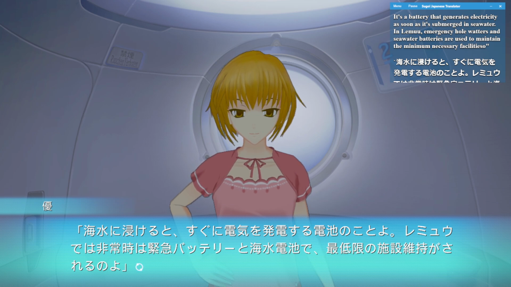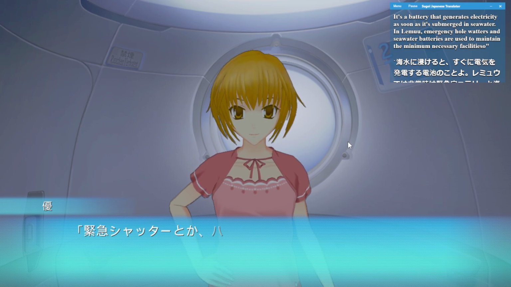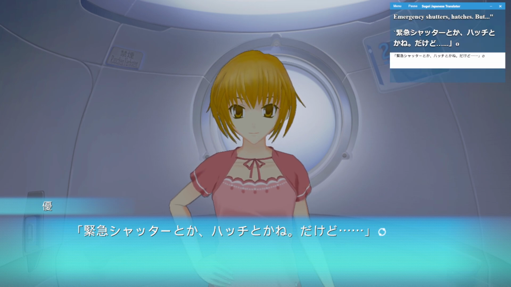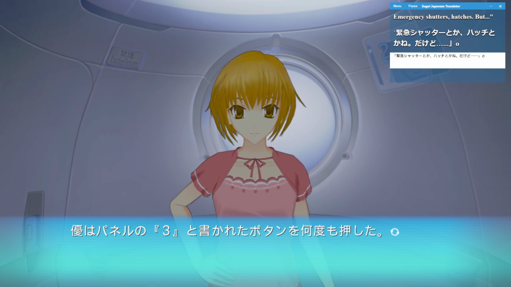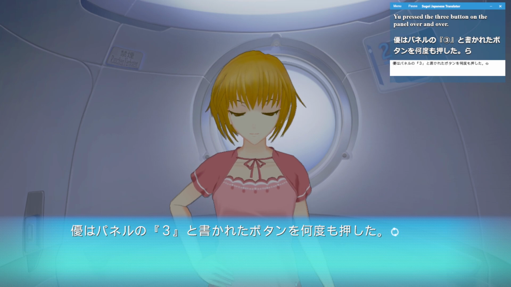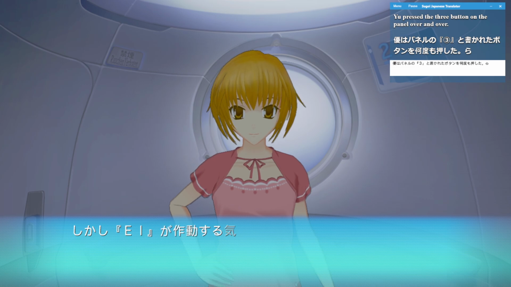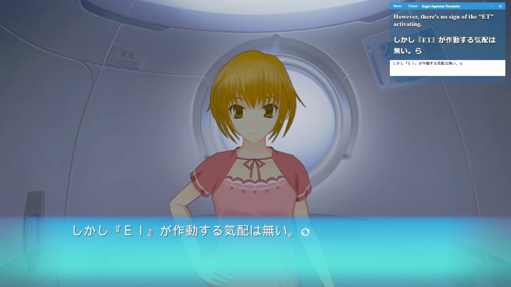Okay, in the event of an emergency in Lemieux. Emergency shutters, hatches, but you press the 3 button on the panel over and over. However, there's no sign of the EI activating.